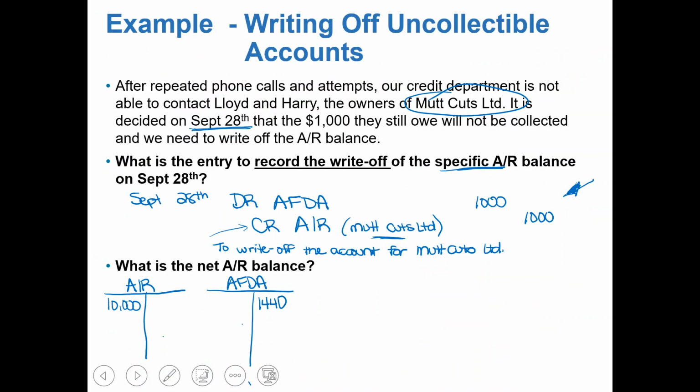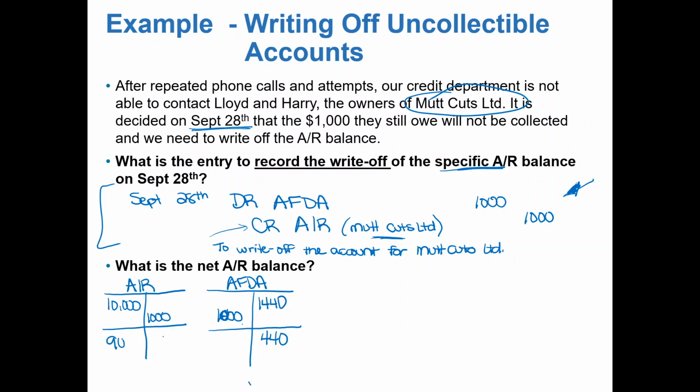Now we need to post this entry that we just did to write them off. So we debited the AFTA, just for $1,000. So we're left with $440. And we credited AR for $1,000. So we have $9,000 left in AR and $440 in the AFTA pool. So if we do our little calculation here, we're left with $9,000 in AR.